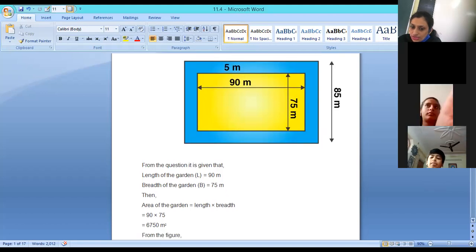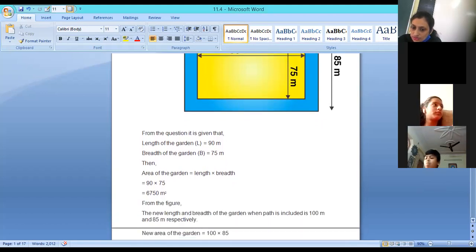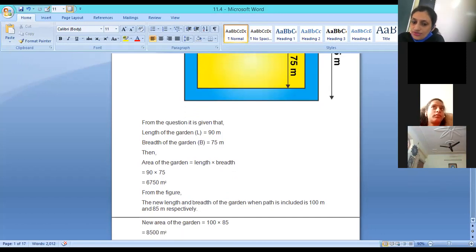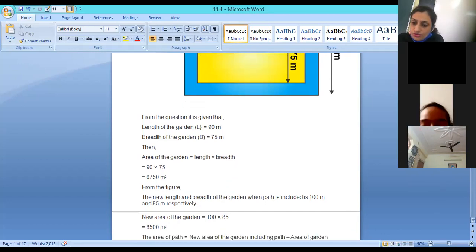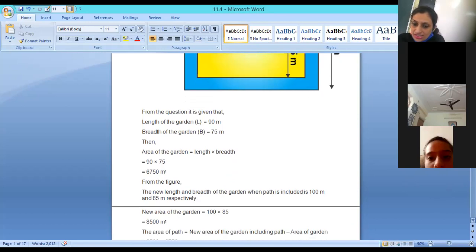6750 meter square will be the area of the garden. Now we'll take out the area of the outer garden, that is the garden including the path: length into breadth, 100 into 85, that will be 8500 meter square. Now we have to find out the area of the path. So the area of the garden including path will be subtracted by the area of the garden inside it.